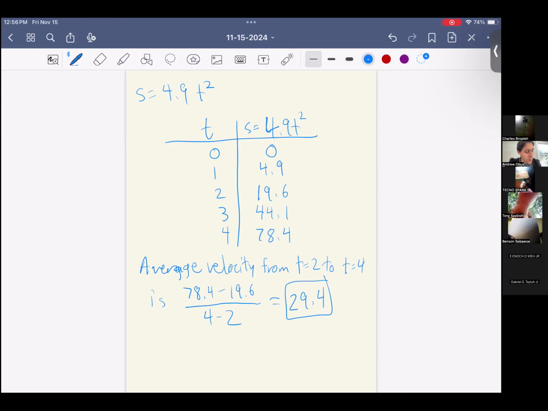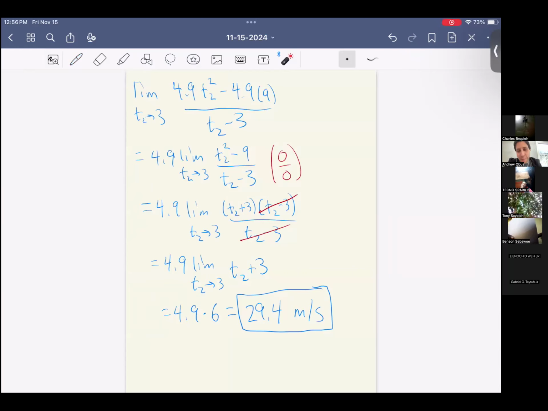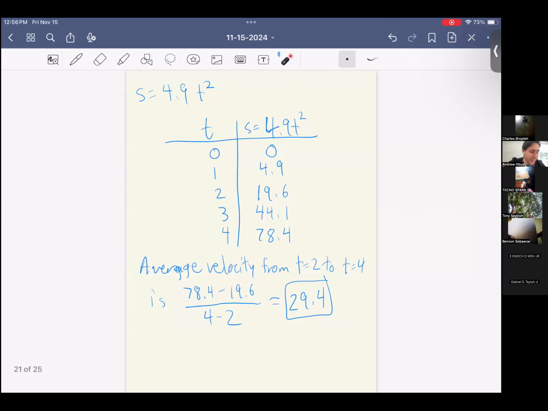And look, this average velocity from t equals 2 to t equals 4 actually is the same as the answer that we got. They're both 29.4. But that's a coincidence, okay? That has something to do with how this particular function works. This isn't something that's always going to work, right? Going from 2 to 4, we did the average velocity between 2 and 4. That gives you the instantaneous velocity at 3, but that's not always the case, okay? But it's a good approximation.